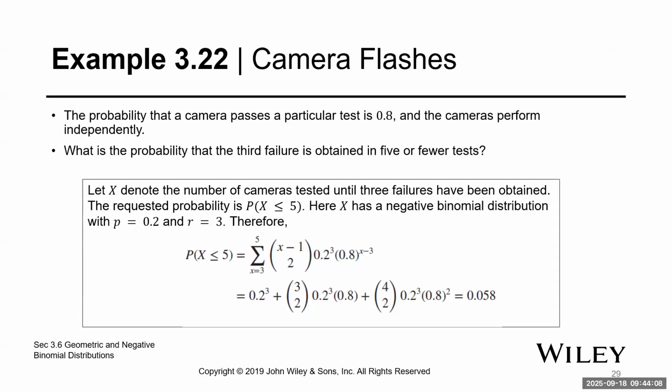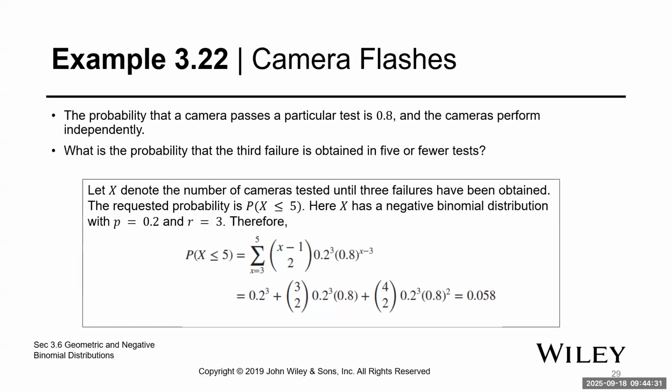What is the probability that the third failure is obtained in 5 or fewer tests? I'm given a probability of success, but what I'm actually looking for is failures. What I'm counting is failures. So my counting of failures means I take my probability of success and I subtract it from 1.